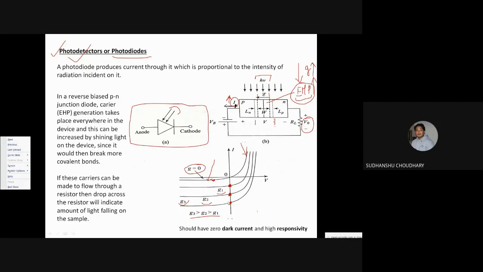Okay? And another important thing you will notice in this picture is that for forward bias also, the current has negative values. For example, this is forward bias. This is also forward bias. I mean, all these points are forward bias. And in the forward bias case also, the current has negative values.